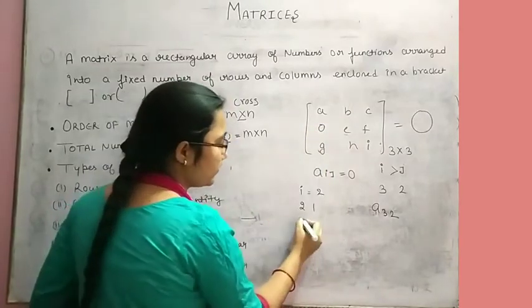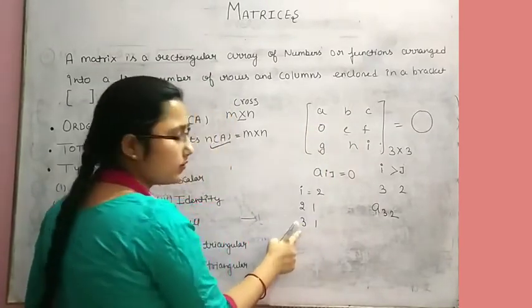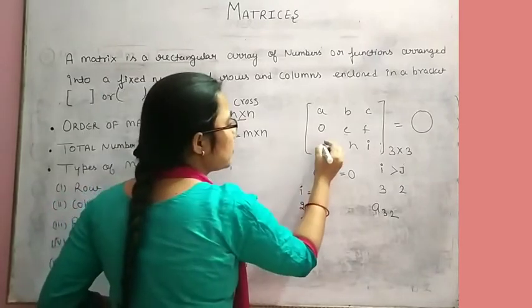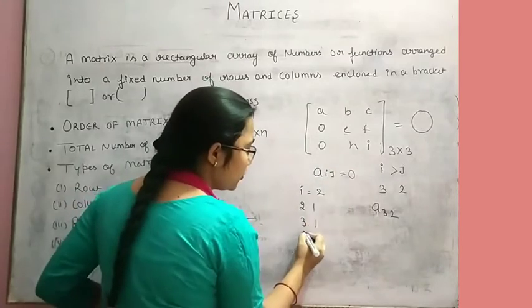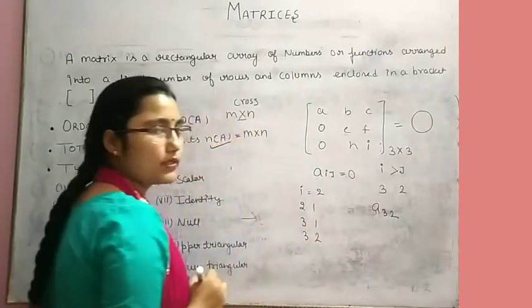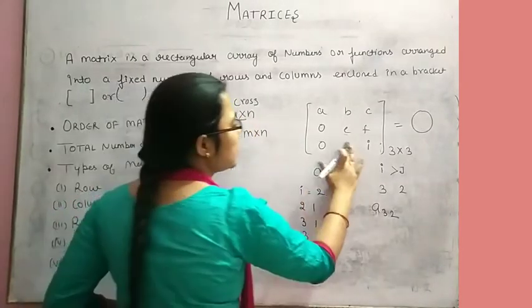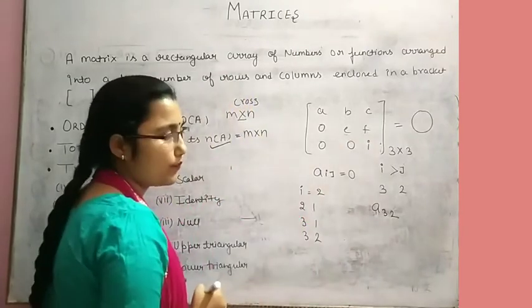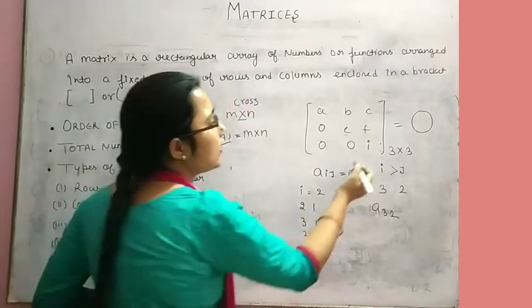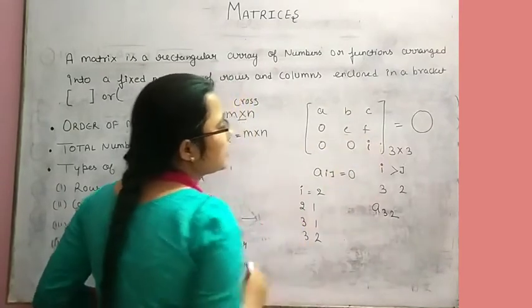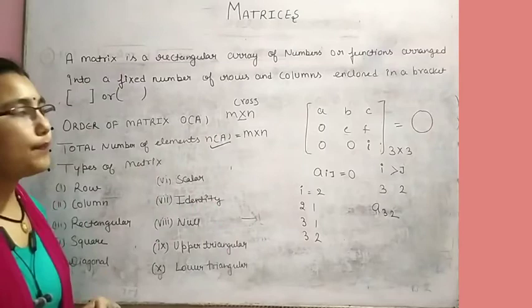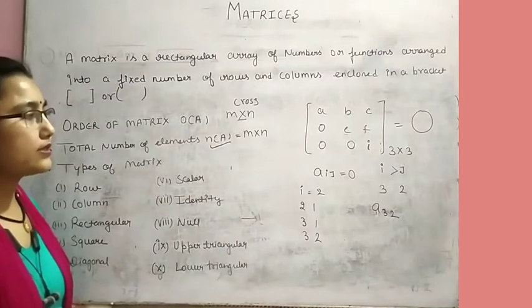A3,1, I is greater than J, that means this equals to 0. And A3,2, I is greater than J, this is equal to 0. This is known as upper triangular matrix.